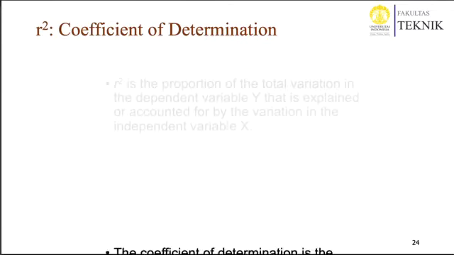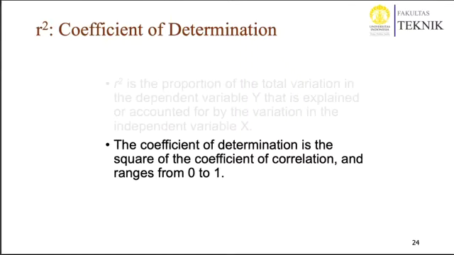If you remember, this coefficient of correlation ranges from -1 to 1. So if we square the values, we can simply shrink the range from -1 to 1 into just 0 to 1, because it's squared values, where the maximum of squared values of -1 is 1.